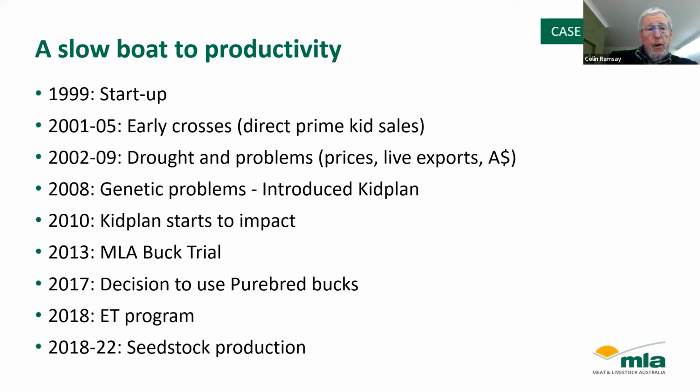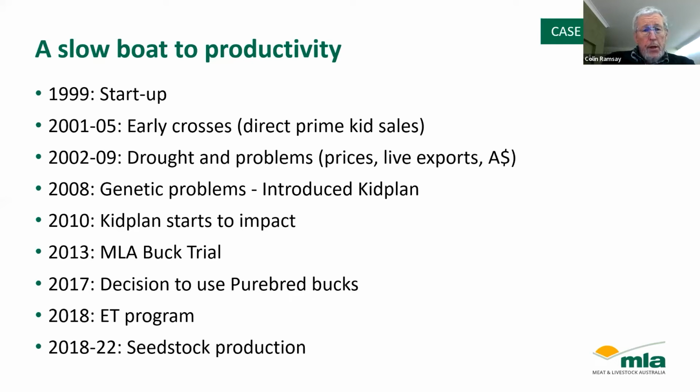It all seemed pretty straightforward and simple. Then, for those of you who remember the big drought, the Bicentennial drought, we spent 7 or 8 years fighting for existence through that. Prices collapsed, the live export market evaporated, the Aussie dollar went over parity, and the world basically fell apart.